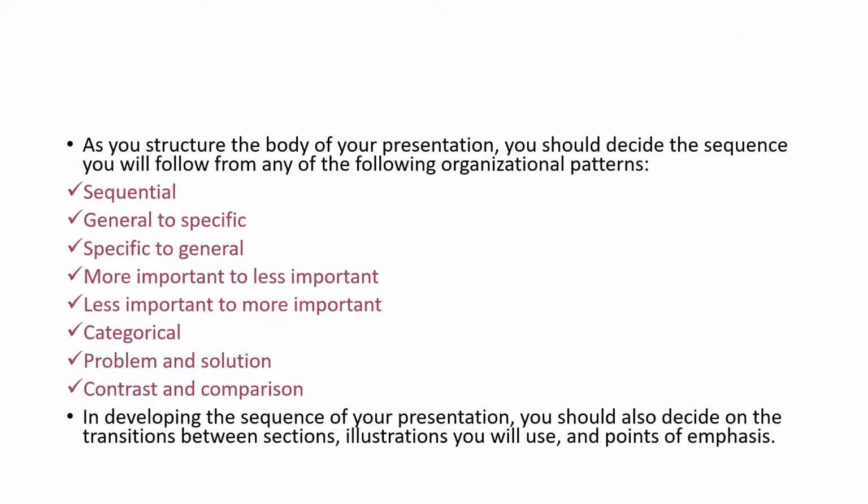That means first of all, you talk about the structure or usefulness of this object, and then you go to the specific details of this object. Then more important to less important: you have to decide what is more important and what is less important. Then less important to more important.